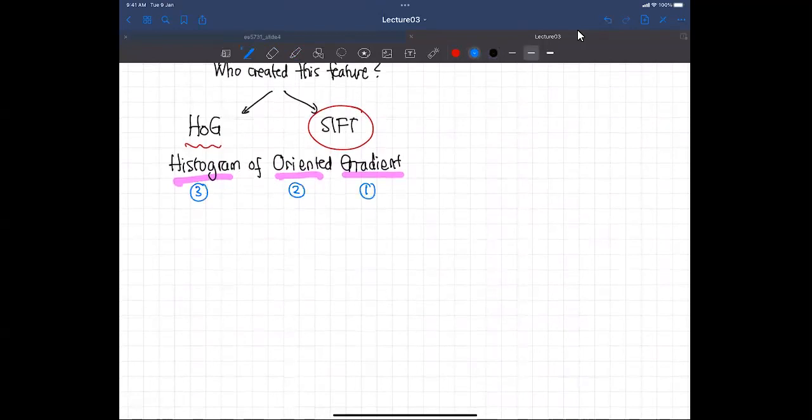So first of all, let's learn about gradients. When we say gradient, what is another name for gradient in mathematics? Gradient is equal to derivative. In mathematics, it's more known as derivative.